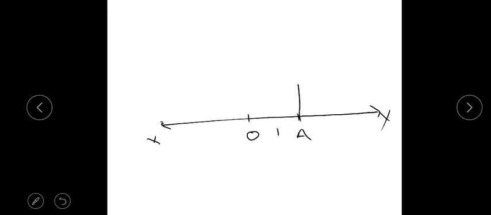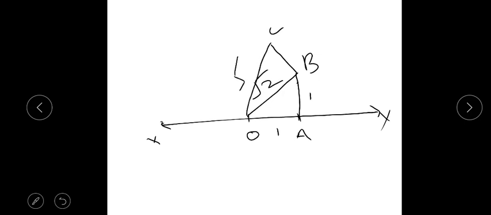Draw a perpendicular of 1 unit, that is B. Join OB, and you know this would be root 2. Now again draw a length of 1 unit up to C. Join OC, and this would be root 3.